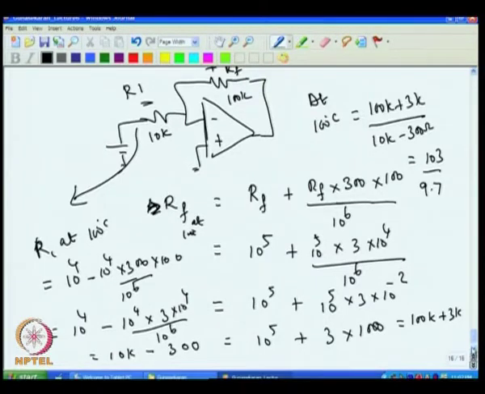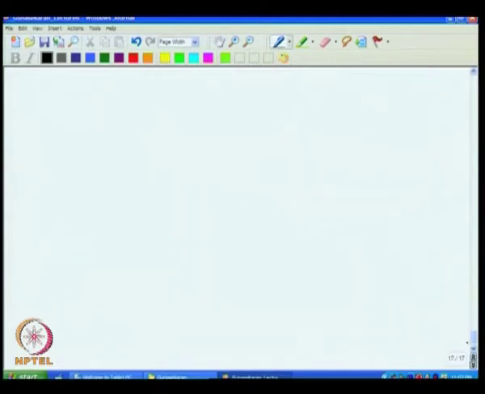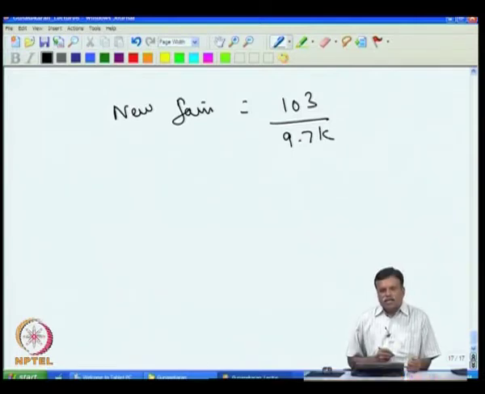If you calculate the new gain, because 100K becomes 103K and 10K becomes 9.7K, that is the new gain, which is much more than 10.